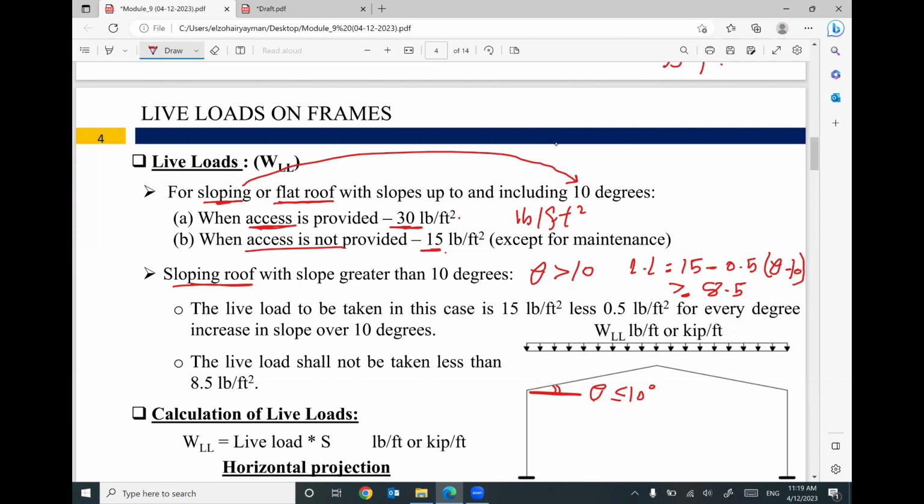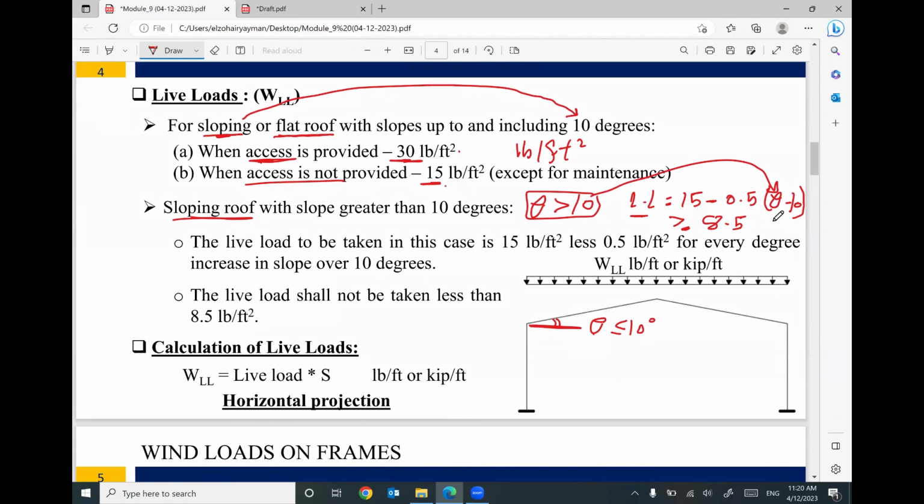So based on this angle, which is greater than 10 degree, I will put it here, and I will set up this equation to find out the live load. Make sure the value is greater than or equal 8.5. If it's smaller than 8.5, I'm gonna use 8.5. Once you get the live load, I need to multiply this live load by S only. Then your live load will be distributed load over this frame, and this live load is horizontal projection.